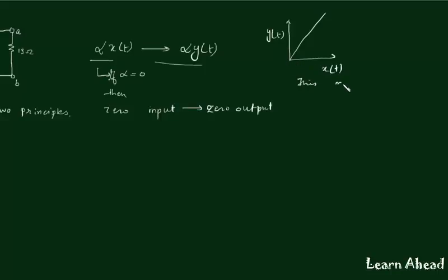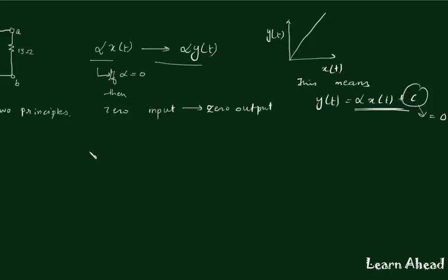This means if the response is equal to alpha x(t) plus c, then this does not follow the principle of homogeneity and hence the network is not a linear one. For a network to be linear, this c must be equal to 0.